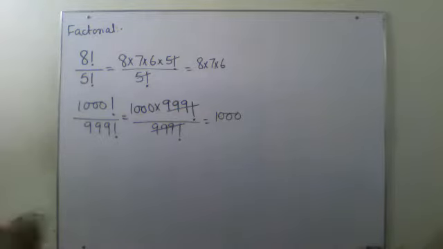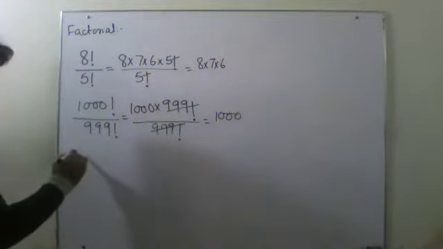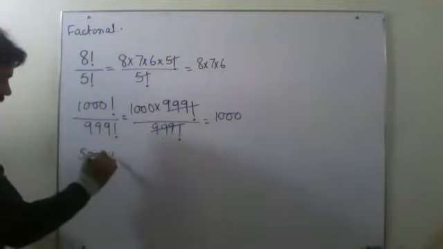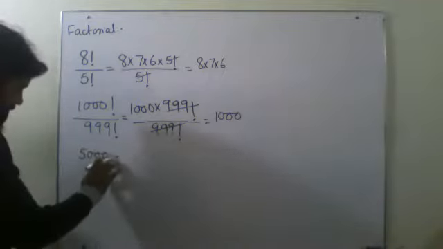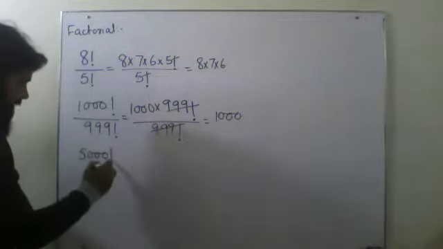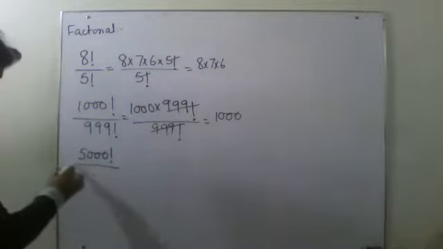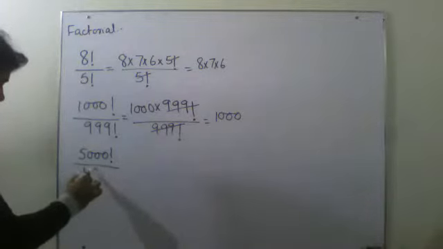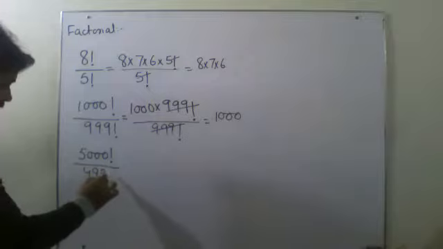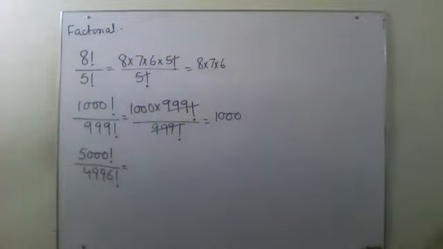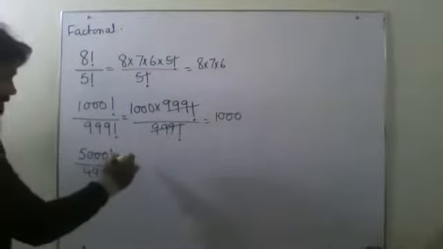Okay, let's do one more example. For instance, I need 5000 factorial into 4996 factorial. This is given to me. So first of all, starting with this one, always start with the large number's factorial.